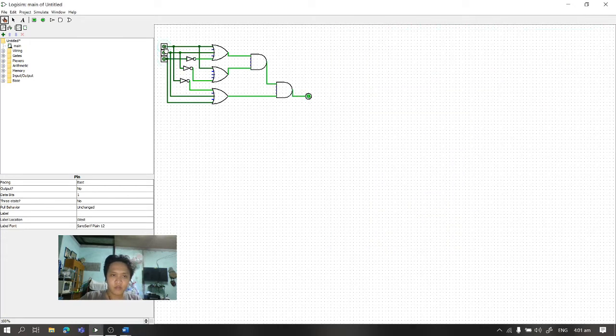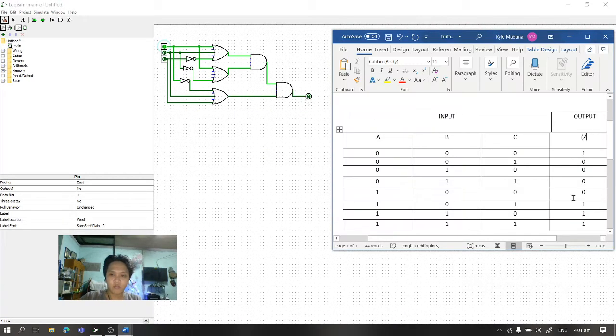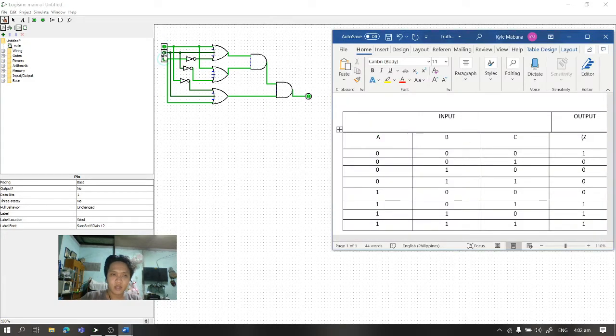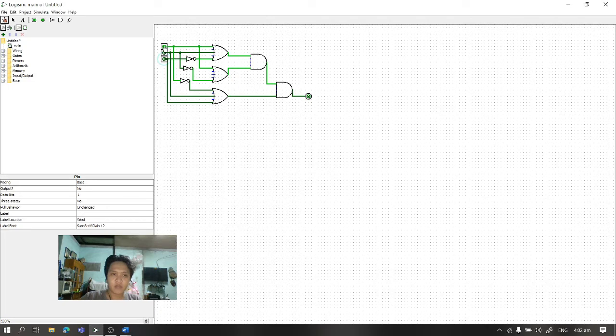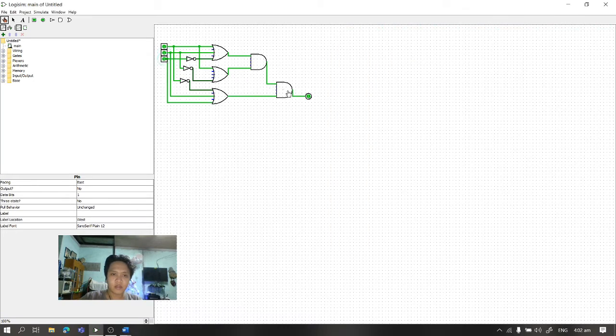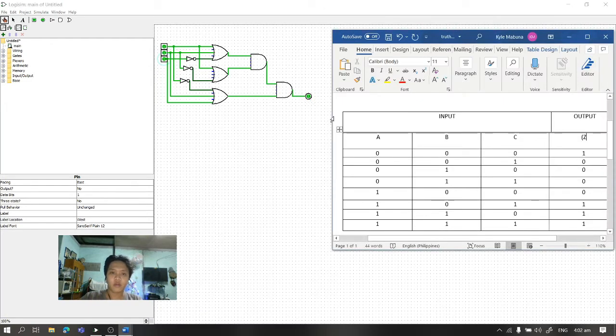If only input A is open, then the output is also 0. If inputs A and C are the only ones open, then the output is 1. If inputs A and B are the only ones open, then the output is also 1. And if all inputs are open, then the output is also open, or 1.